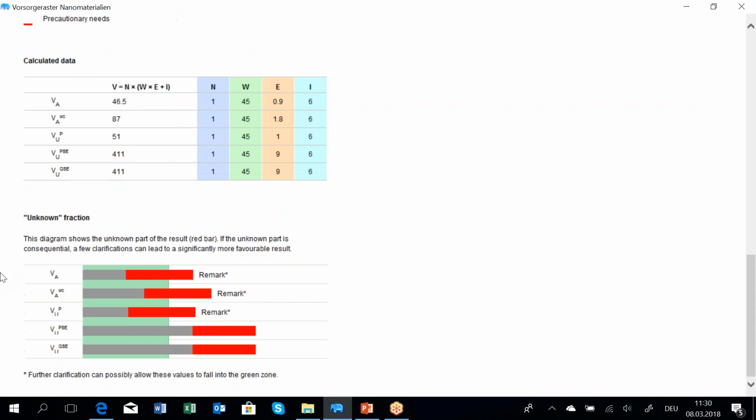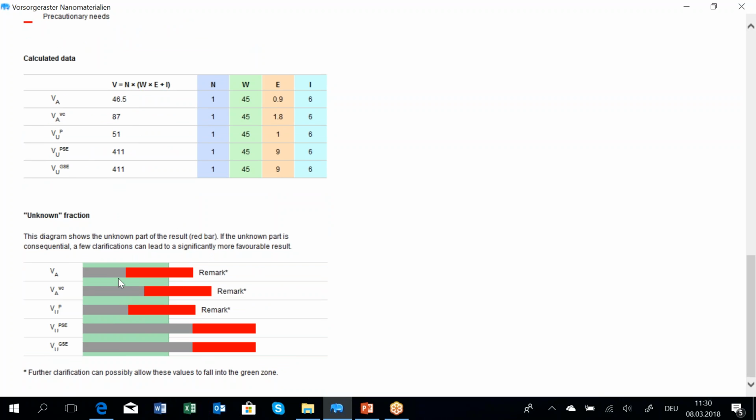And on this graph, you can see the unknown fractions which are in red. And maybe if we get more information about these unknown fractions, we could lower our precautionary needs to the green box, which would mean that we are on the safe side of this 20.